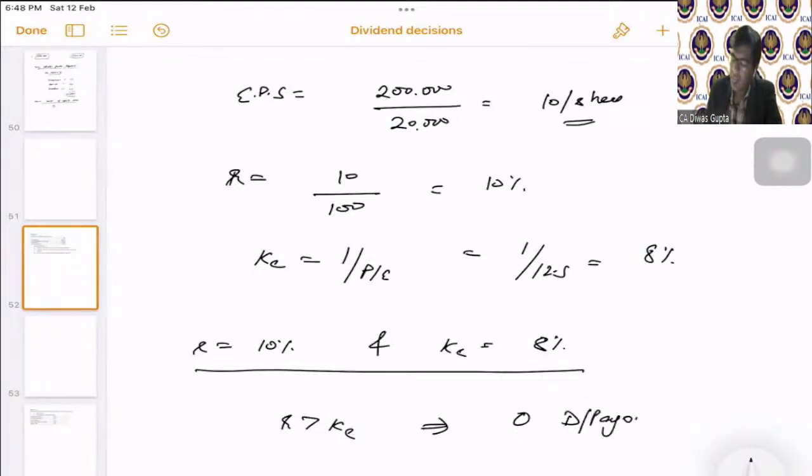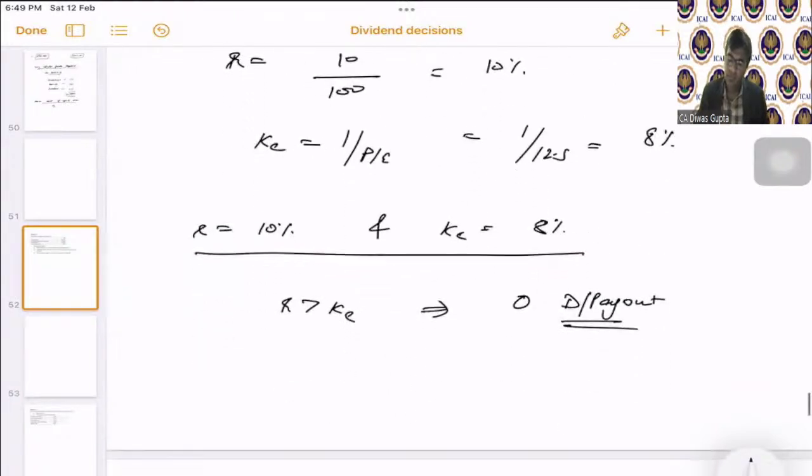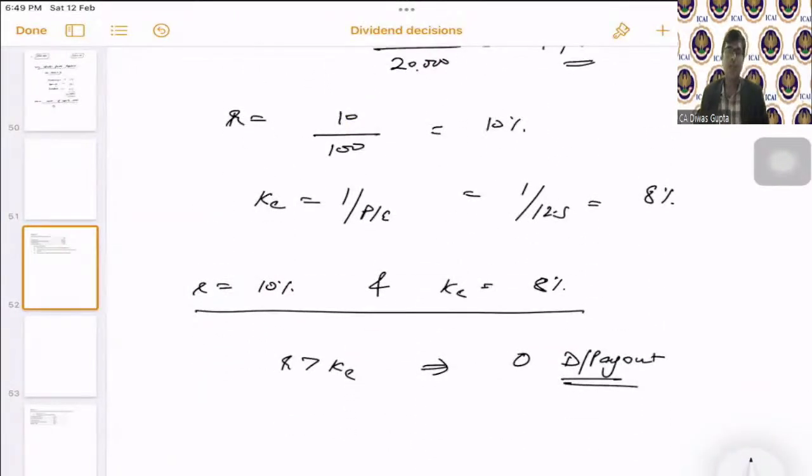Dividend payout should be zero because to maximize the wealth, the money has to be invested again back in the business rather than giving it to the shareholders, right? Right, students. So the dividend payout ratio is zero in this case.